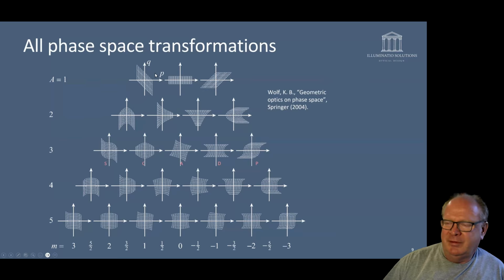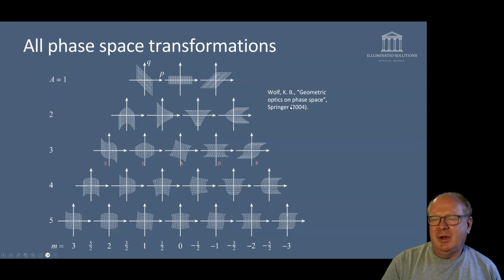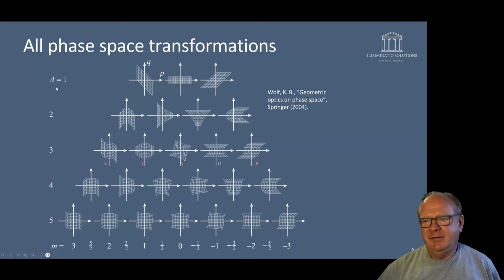And yeah, he uses the variables in a different way than we do, but it's the same statement. So he, based on Lie algebra, developed a system of all possible phase space transformations. On the left, we have the order. So for first order, we have free space and lens effects.